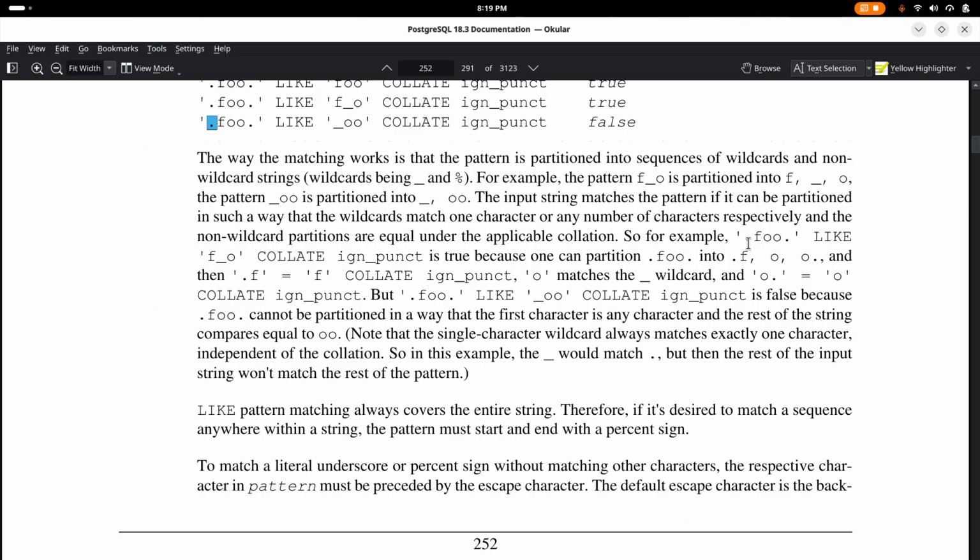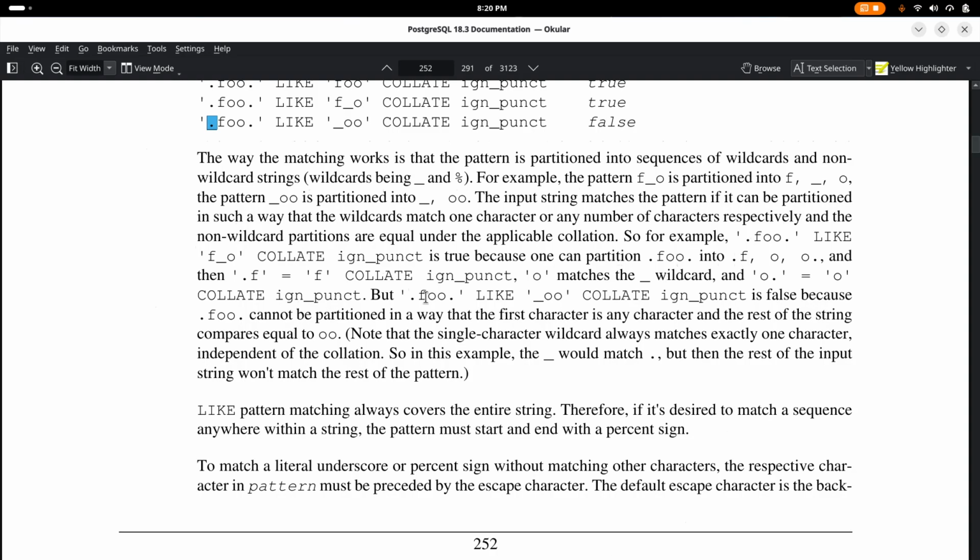So, for example, '.foo.' LIKE 'f_o' COLLATE ign_punct is true because one partitions '.foo.' into '.f', 'o', and 'o.', and then '.f' is equal to 'f' under the collation, 'o' matches the underscore wildcard, and 'o.' is equal to 'o'.